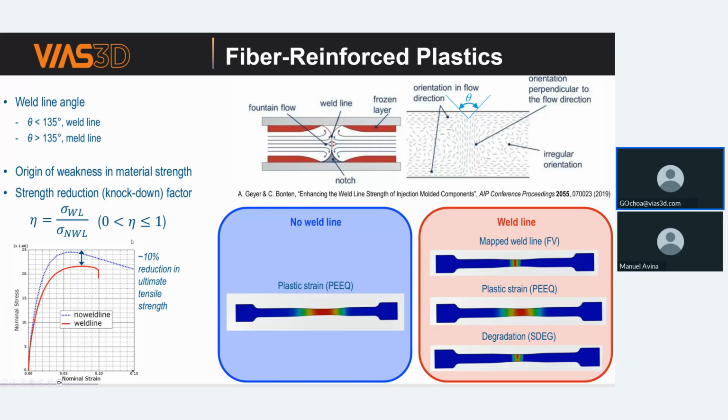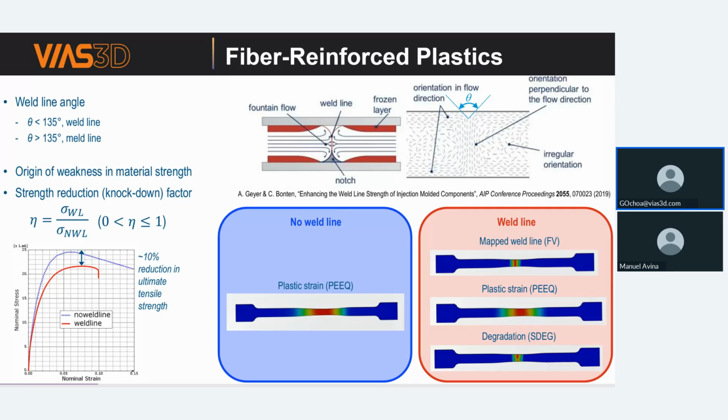And then on this XY plot, the blue line is the component stress versus strain behavior when we don't have any wet line considered, and with the red line we are capturing this response when we include the wet lines.